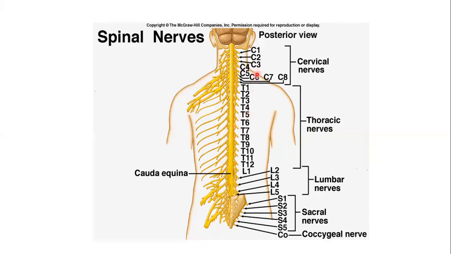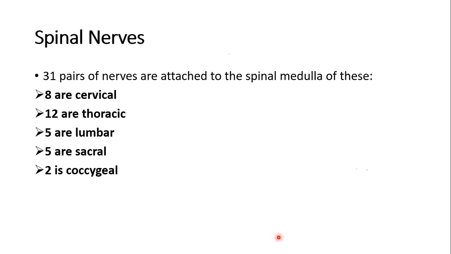The cervical nerves are here and they are 8. The thoracic nerves are here, 12. The lumbar nerves are here, 5. The sacral nerves are 5 also. The coccygeal nerves are here, which is 1 pair.